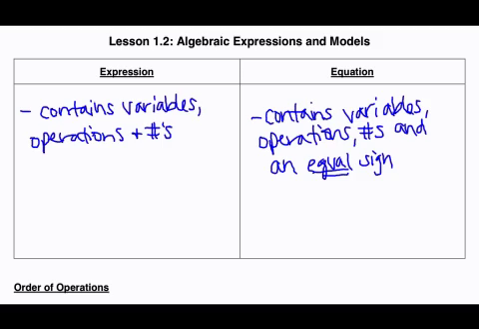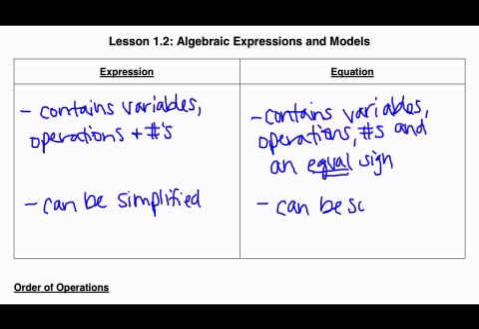The other key difference is that an expression can be simplified. We're going to talk about what that looks like in just a minute. Whereas an equation can be solved. So an expression, we're simplifying or combining like terms. In an equation, we are finding a value for a variable.